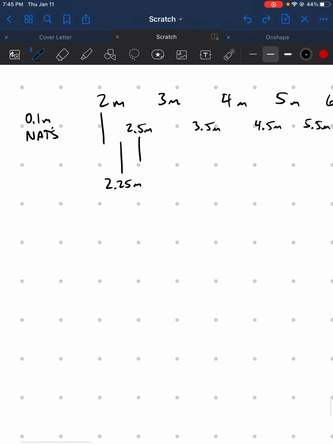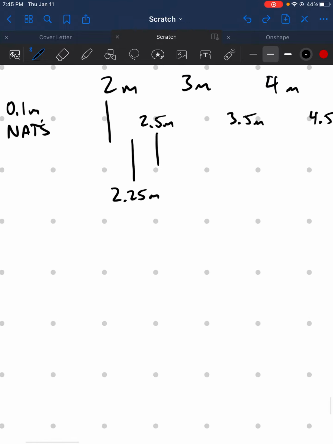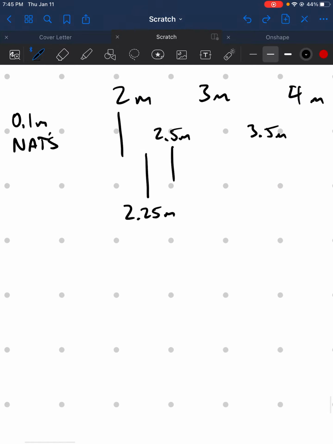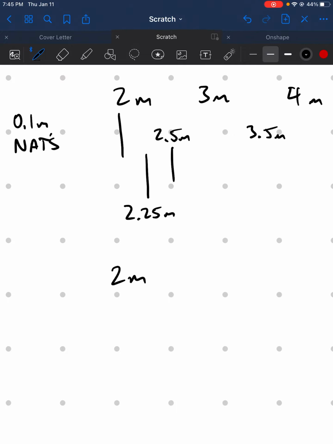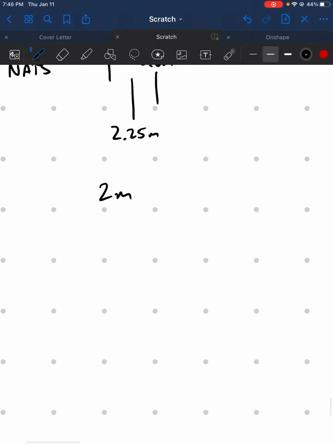So let's say our data is being perfect, right? So let's say, for 2 meters, if we want to travel 2 meters, then the angle of our barrel is 10 degrees in the air.